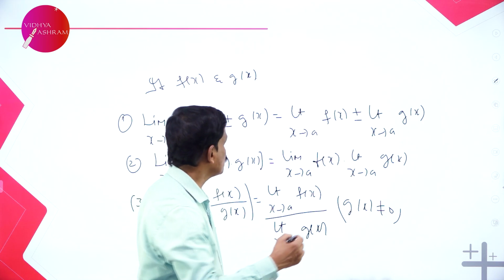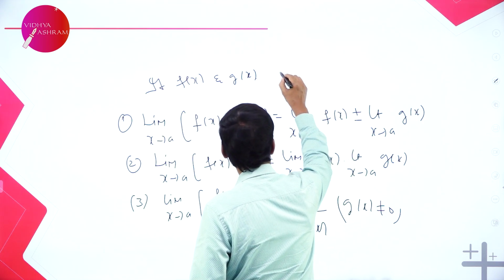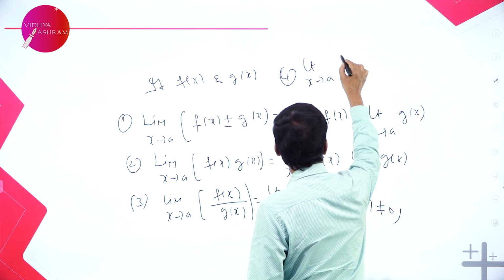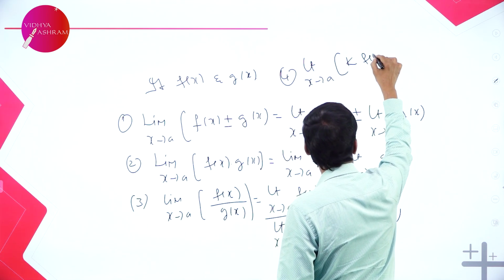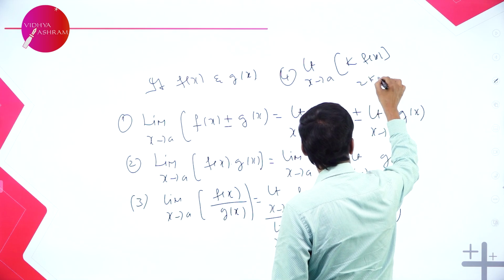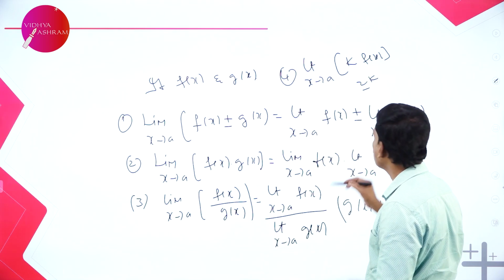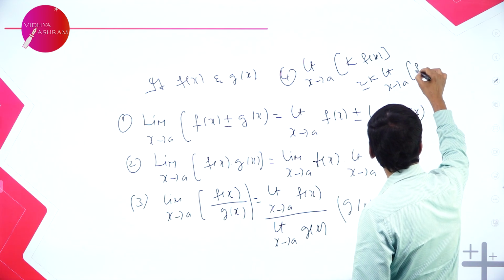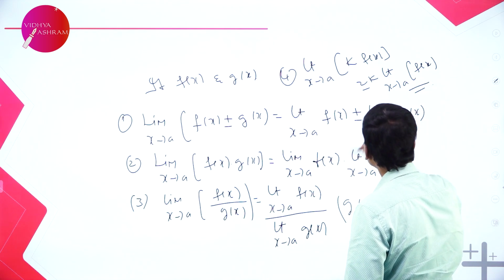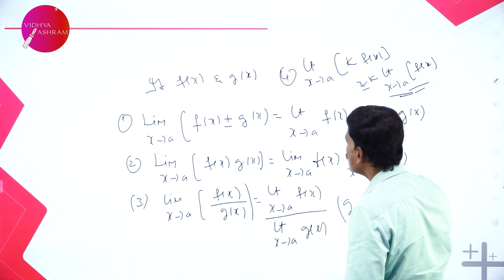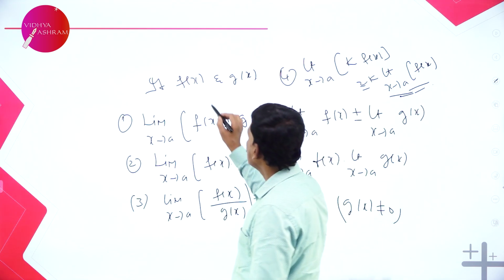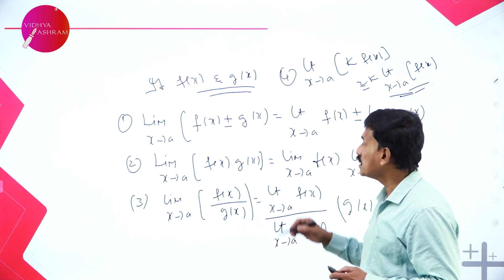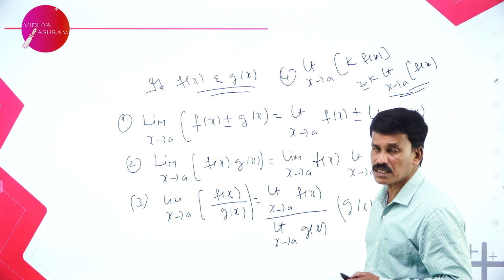Suppose it is like this: limit x tends to a of a constant into a function. In this case, just take the constant out, and apply the limit to the function, limit x tends to a of f of x, where k is a constant. So these are a few algebra of limits of a function. Using these, we are going to solve different types of problems in limits.